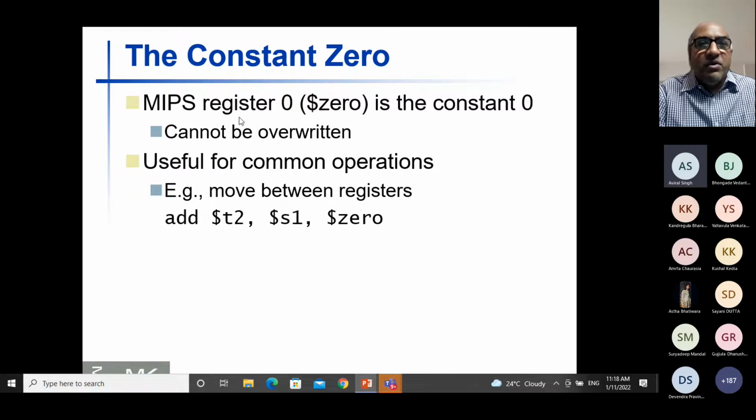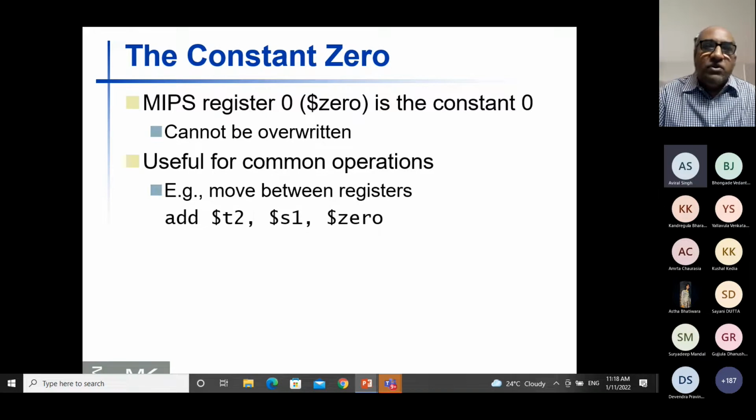And there is one more important thing in MIPS. Among these 32 registers, there is register 0, the 0th register. It is hardwired, and it always contains the value 0.